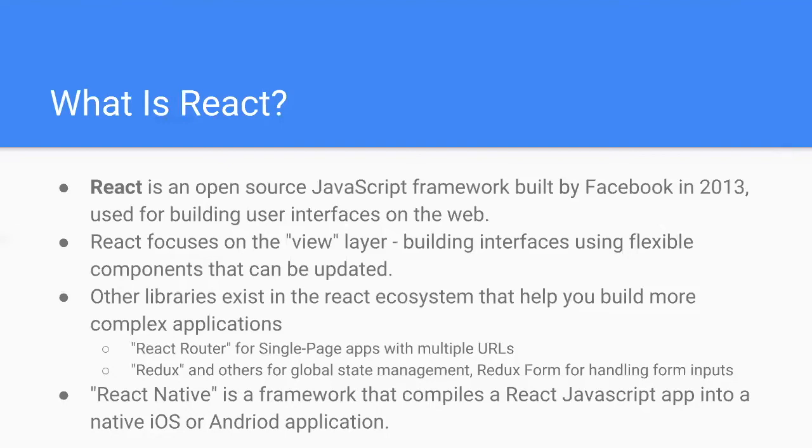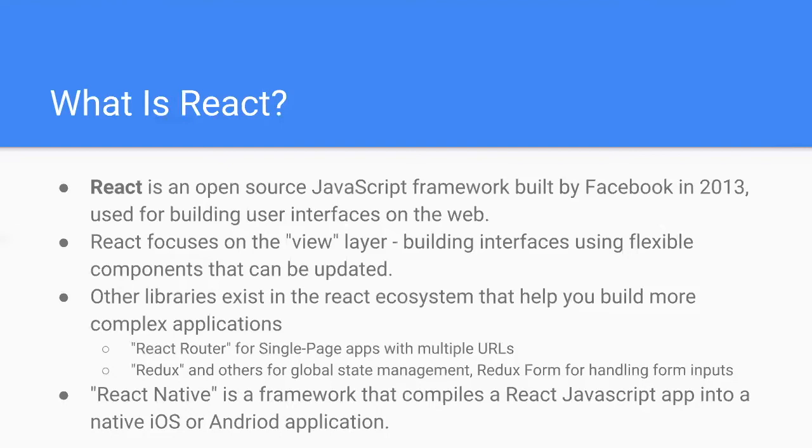So there's other libraries in the React ecosystem that kind of help us build more complex applications. So React Router, for instance, if you're building an application that has different URLs, you can use React Router as a controller to handle different URLs. So for instance, we're rebuilding our Zimride application in React right now, and we're using React Router.